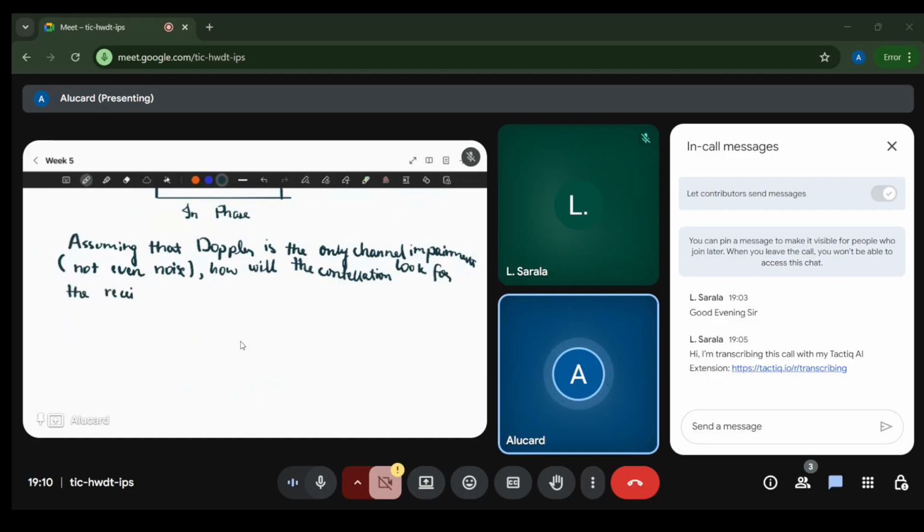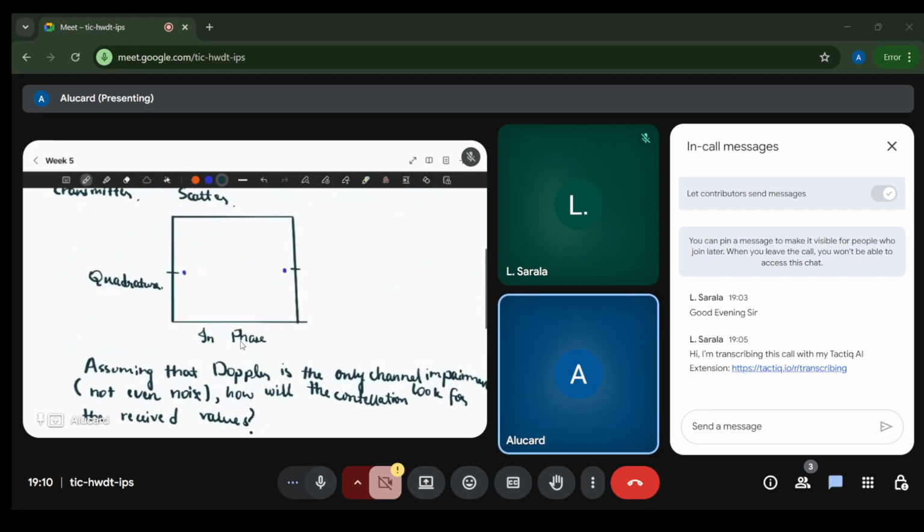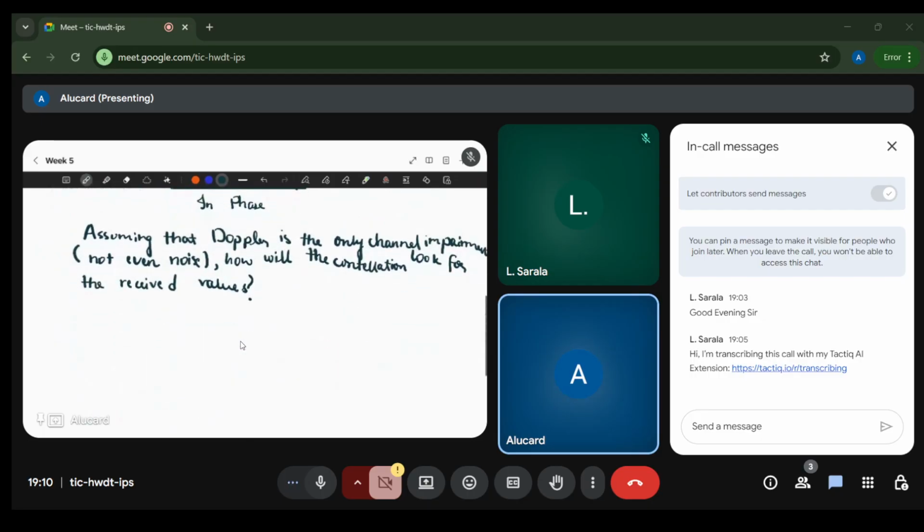That is, what effect does the Doppler have on the scatter plot?